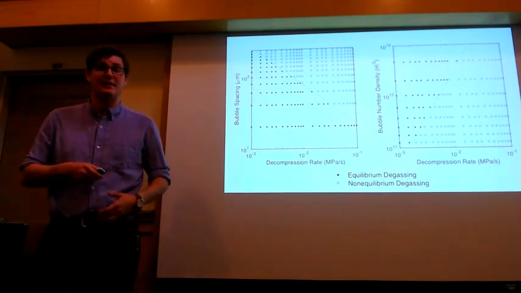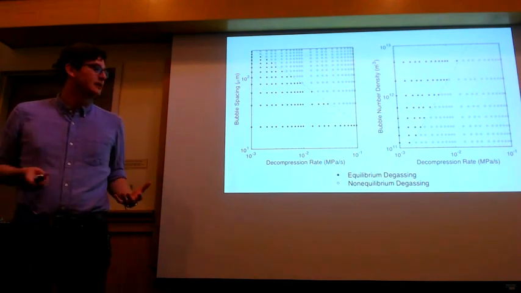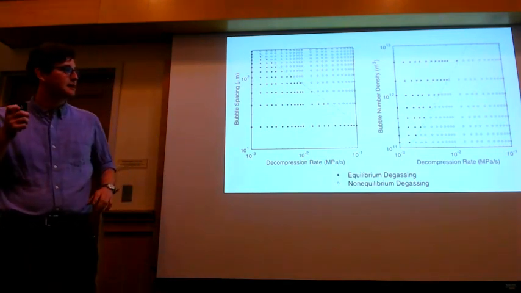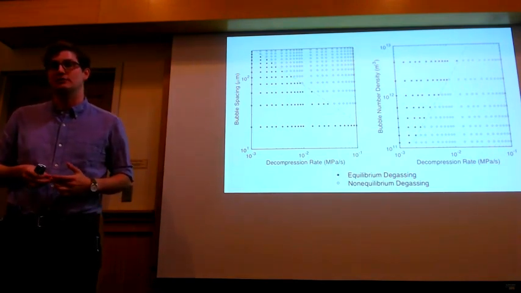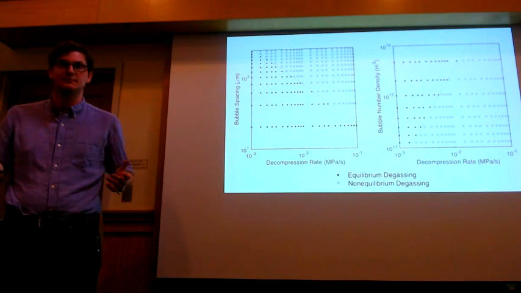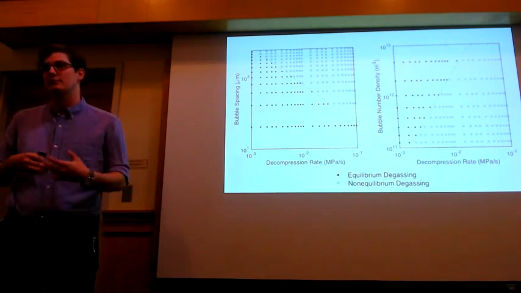And their code is a lot more advanced than ours, but it's a lot heavier and can't be run as many times. But they found the same result, and they do take bubble expansion into account. So that was a nice finding that even though our code is simpler, it provides pretty much the same result.